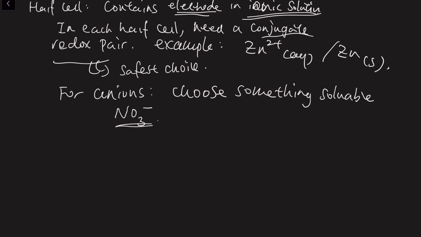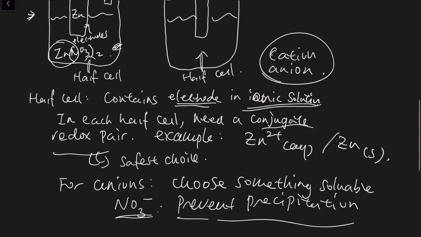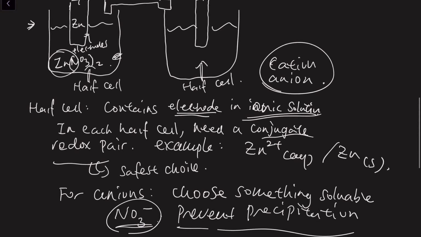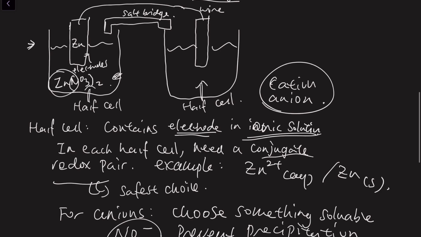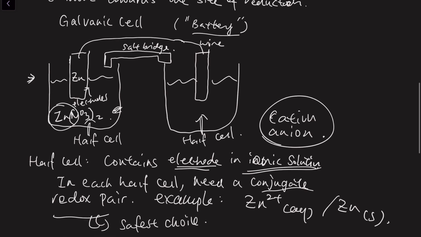So why do we want to choose something soluble? It's because we want to prevent precipitation. If you use some negative ions that form a solid with your positive ion, then the whole reaction will break down.